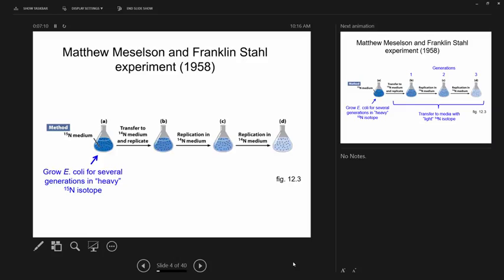So E. coli are grown for many generations in the presence of 15N, so that their DNA bases, which have those nitrogens in, as you've seen, all have the heavy 15N isotope. Then they spin down the cells, wash them, and move them to a new medium that has 14N, the light isotope of nitrogen.